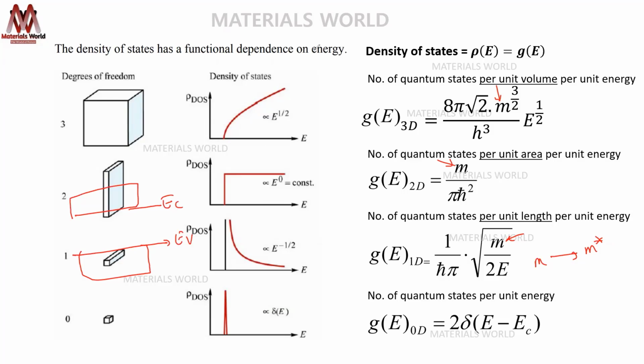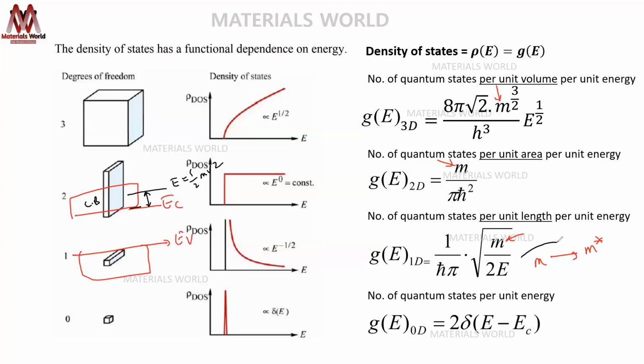Got my point? Let's say my energy of electron is this. So this much extra for reaching the conduction band, it will become free. The moment it becomes free, this excess energy will be in the form of kinetic energy.